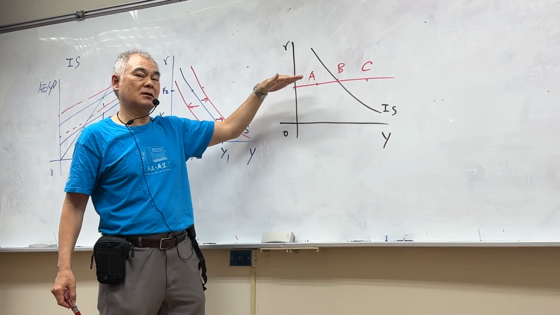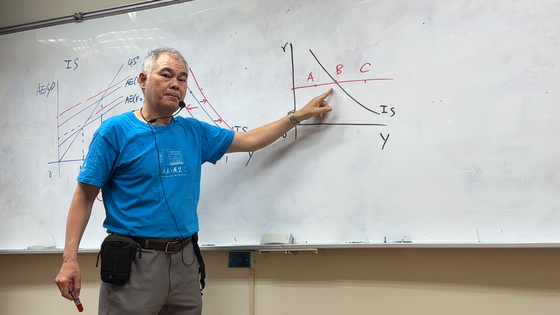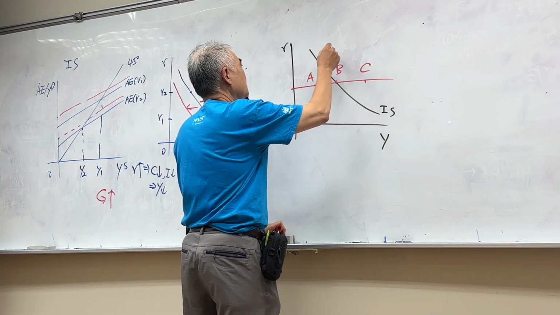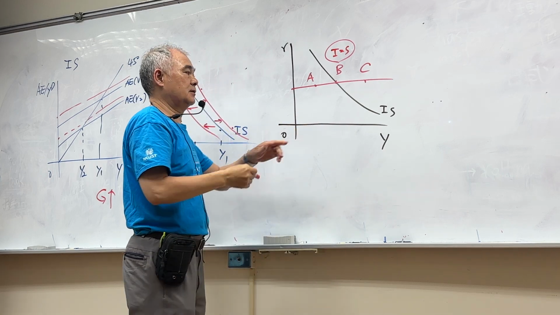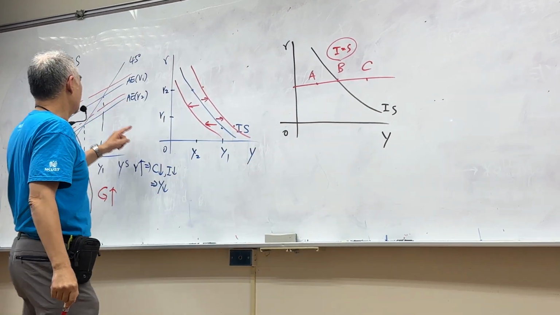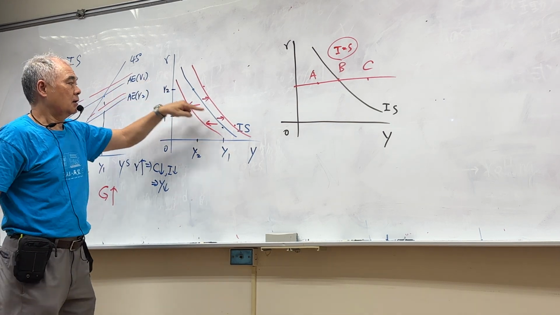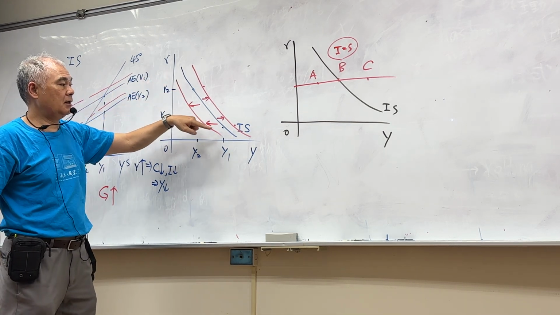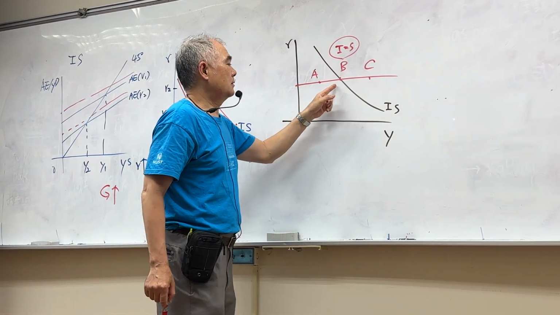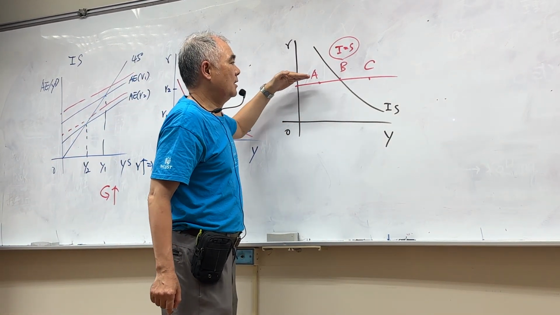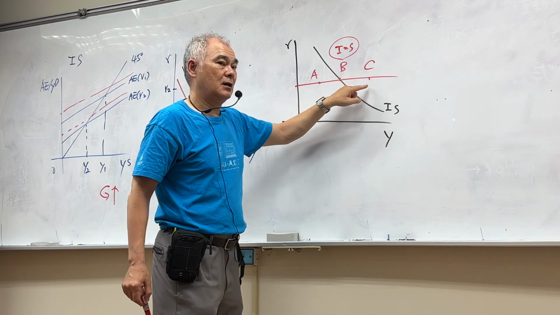The interest rate is the same for A, for B, and for C. And for B, investment equals saving because this is the IS curve. Just like here, along every point here, investment is equal to saving. And then here you have the same interest rate, but you have a different income level, right?